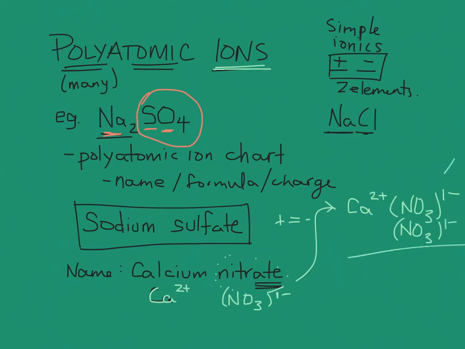So now we've got 2 here, so we're good. When we write it out as a formula, it's calcium, and the nitrate is that, okay? So when you're looking at polyatomic ions, you need to think of the polyatomic ion as sort of one entity in itself with one charge, okay?